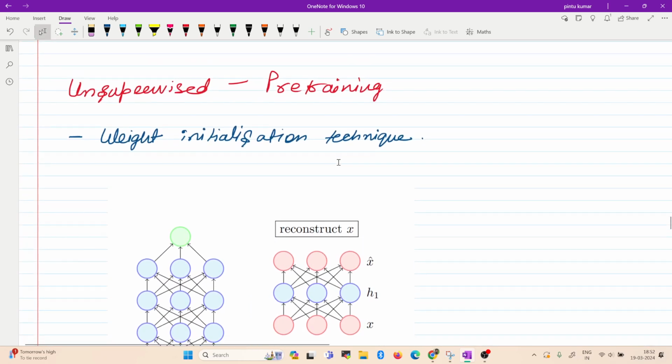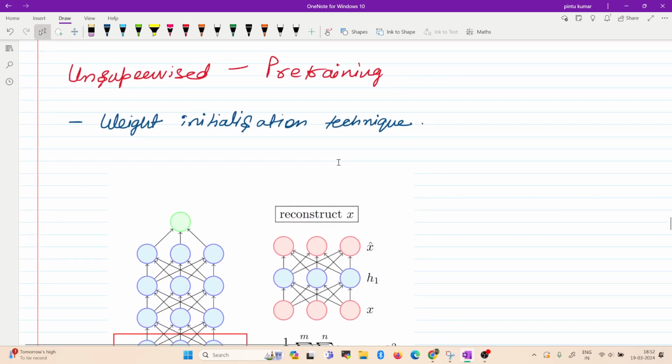Okay. So let's look at something known as unsupervised pre-training. One figure that you might have seen in many places is when people try to plot the loss of a deep neural network.